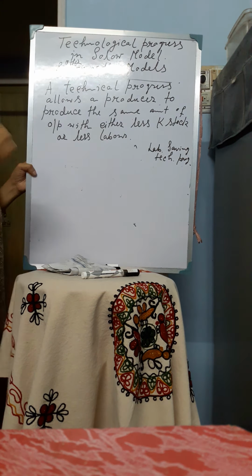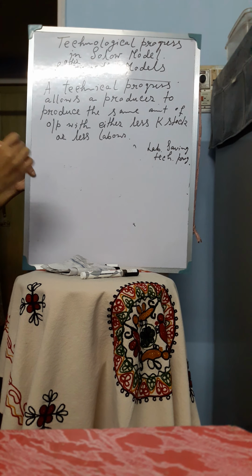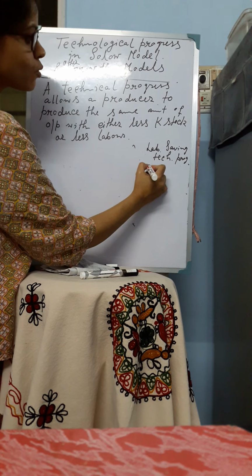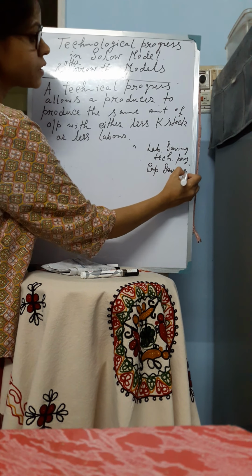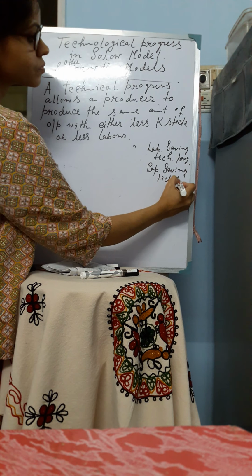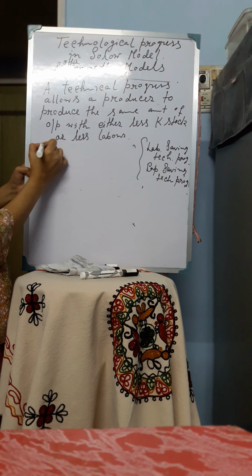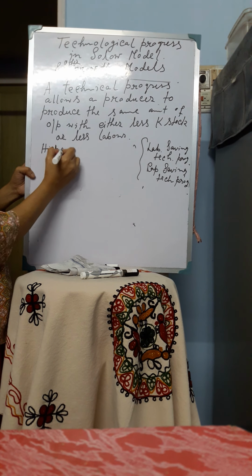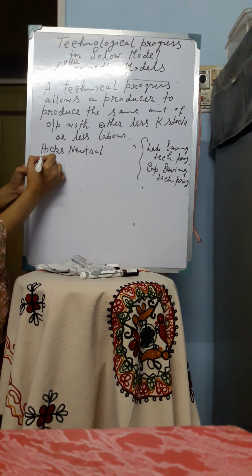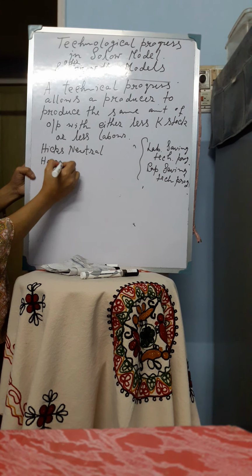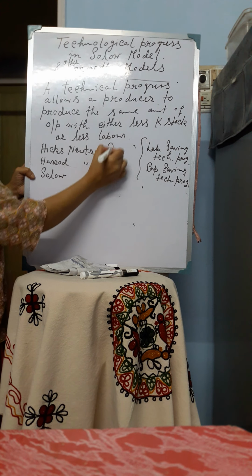And if the producer can produce the same amount of output with a less amount of capital, then that technological progress is called capital saving technological progress. Now technological progress can be of 3 types: Hicks neutral technological progress, Harrod neutral technological progress, and Solow neutral technological progress.